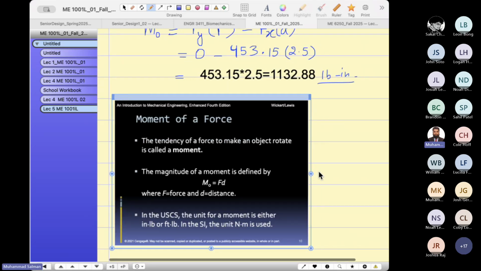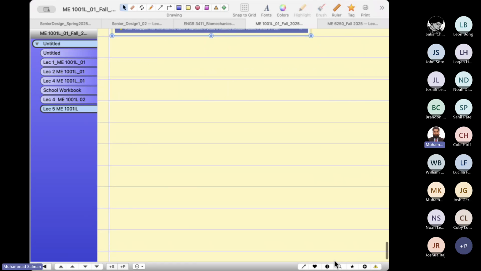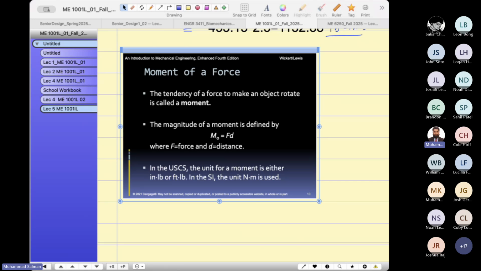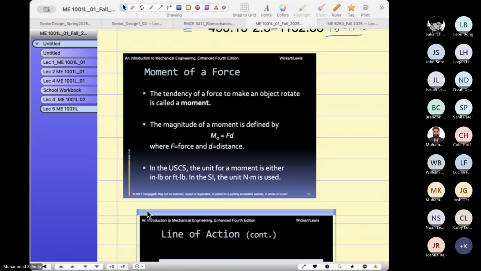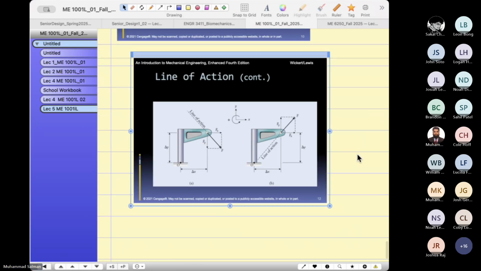I've explained to you the moment of a force is force times the moment arm. The line of action is a line passing through the force, and then you draw the perpendicular.